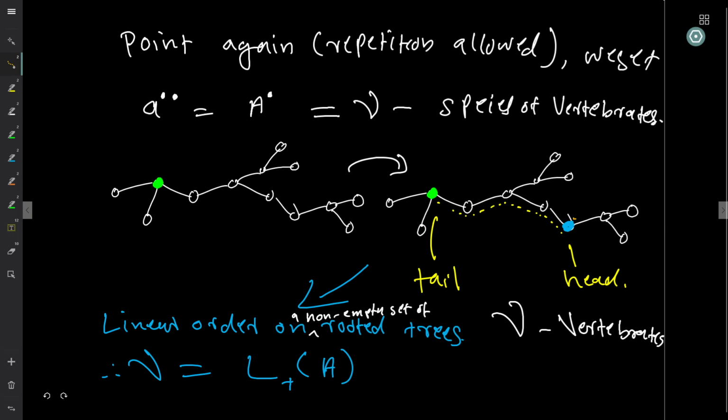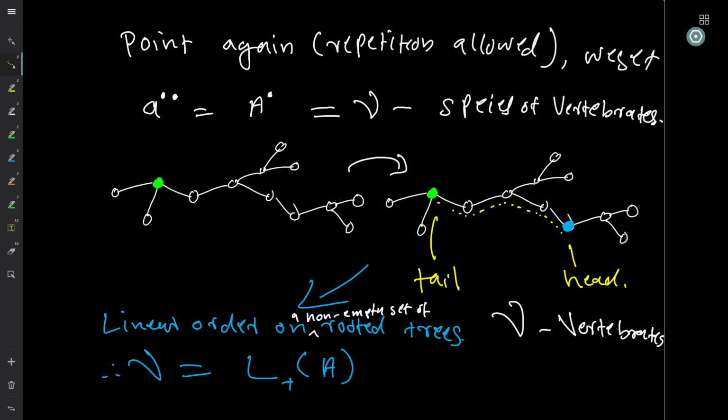So you can think of these vertices on the path as rooted trees, and you are putting a linear order on this. You are saying that you have to go in this particular order. So it's basically a linear order on rooted trees. So a vertebrate is basically a linear order on rooted trees. But the linear order is on a non-empty set of rooted trees, because if the set is empty, then we cannot talk about this.